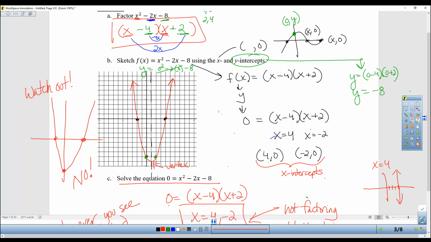You've learned all three of them, but now you have to put them together. Factoring, x-intercepts, y-intercepts. But if I said, what is the y-intercept? You would write it as 0, -8. And solving an equation for x.